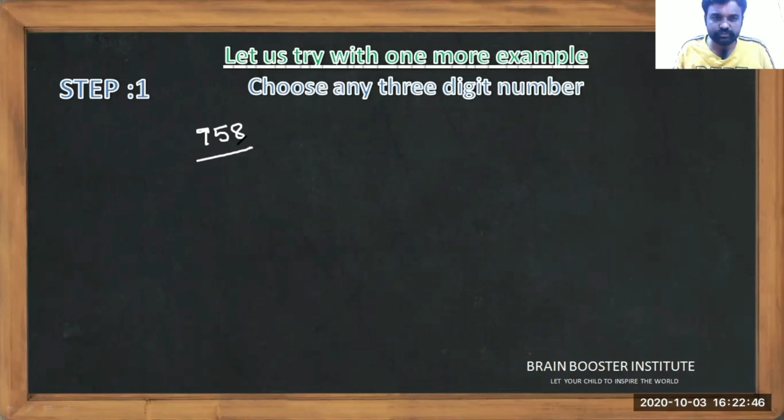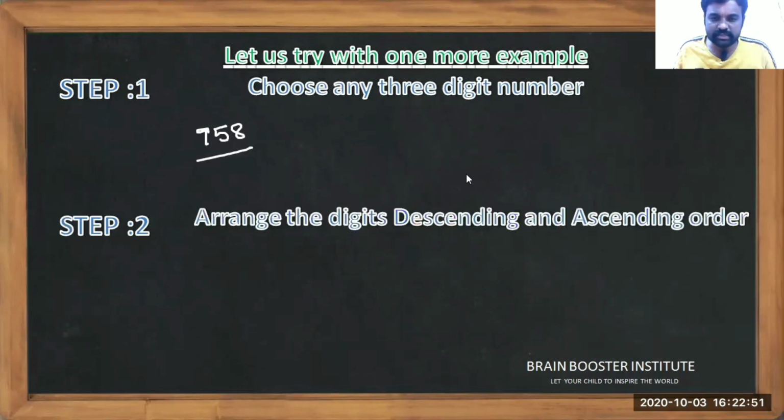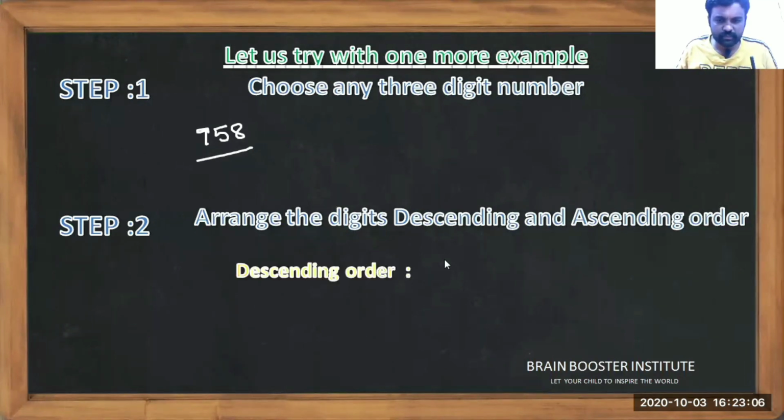Now step two: arrange the digits in descending and ascending order. So the descending order is nothing but, for 958, first we need to write the biggest digit, which is 9, and the next digit after 9 is 8, and then 5, from big to small.